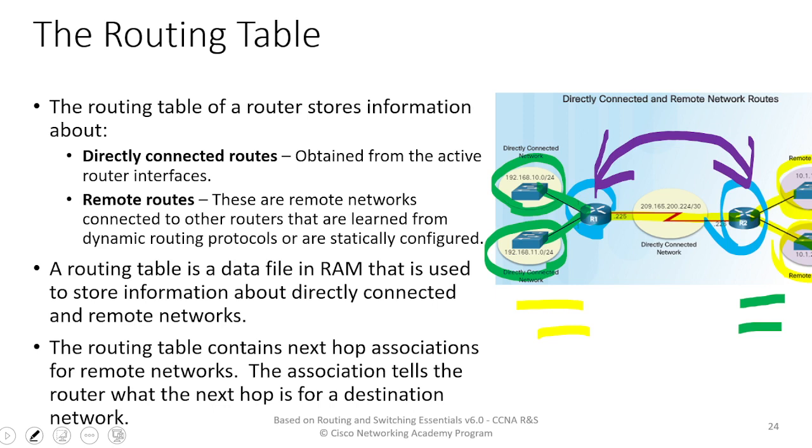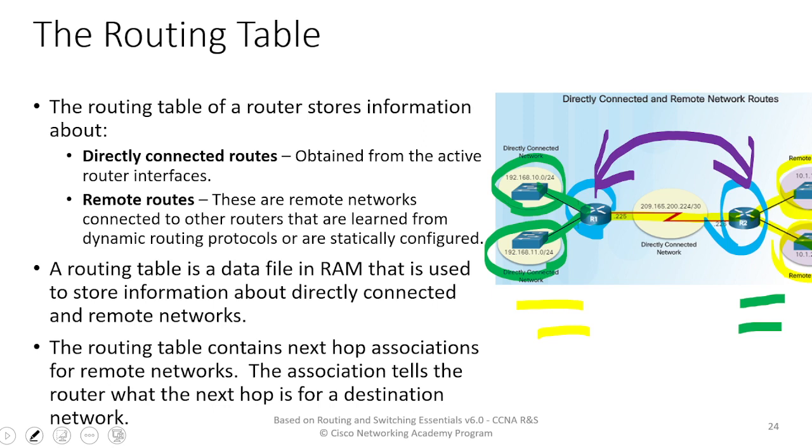All of them will collect this information and then use it to forward packets onwards based on where they need to send them. That is what we identify as the next hop for a destination.